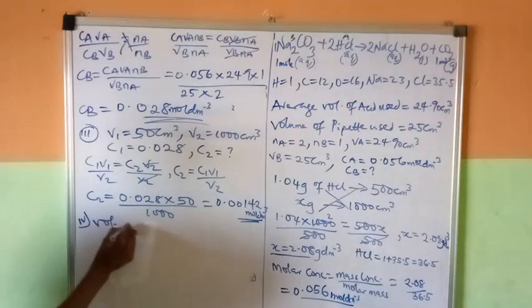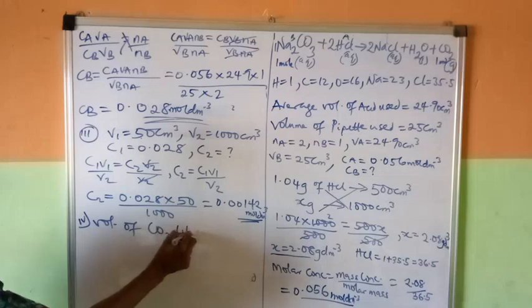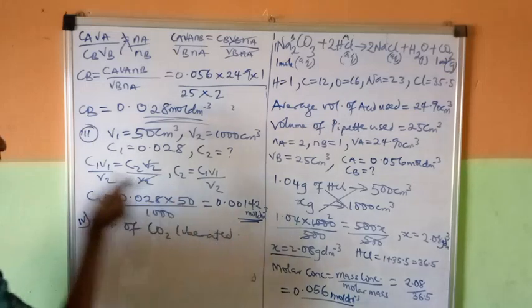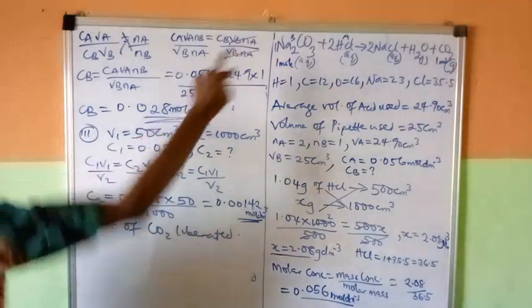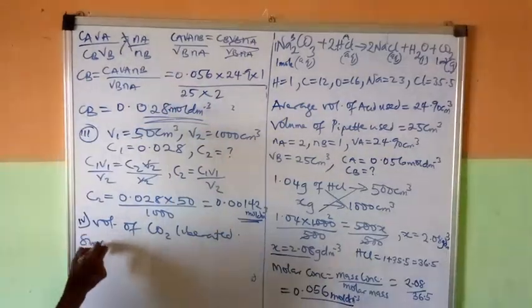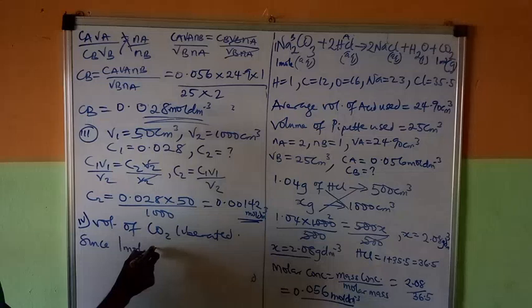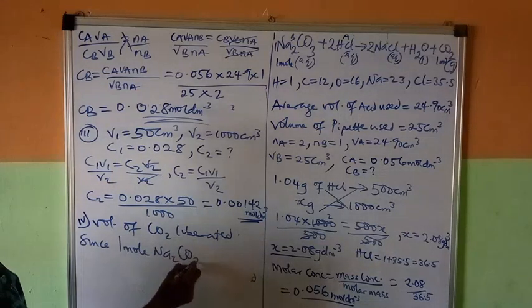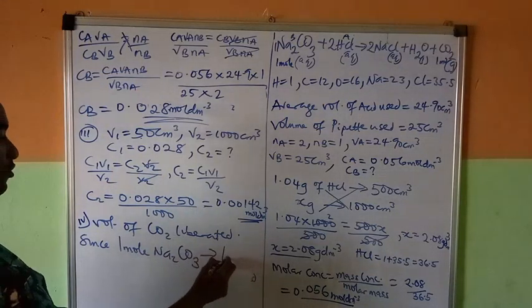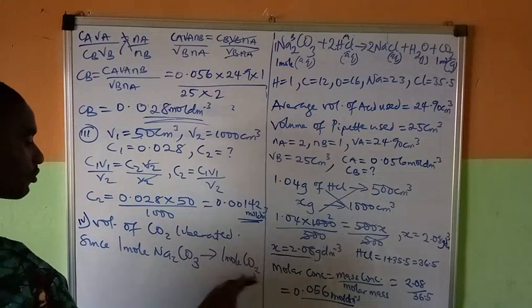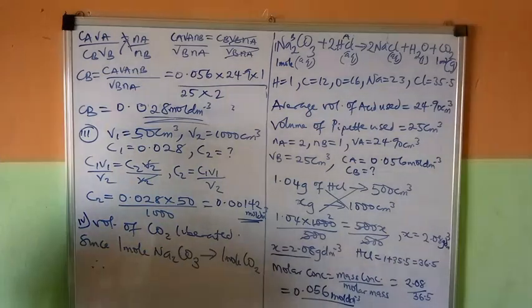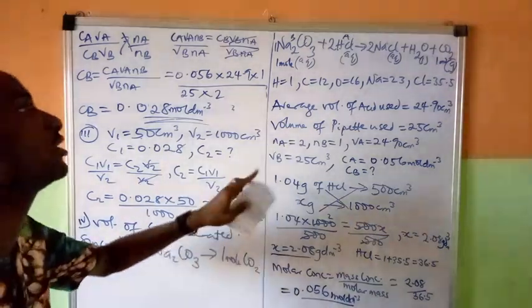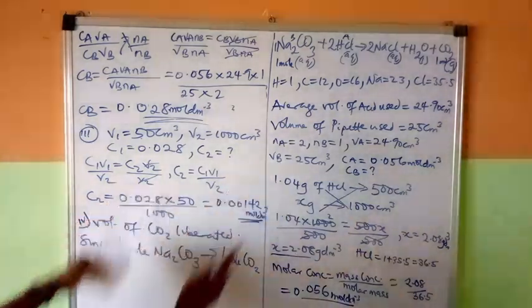So to answer question 4, asking us for the volume of CO2 liberated, you now say since 1 mole of Na2CO3 liberates 1 mole of CO2, how many moles of Na2CO3 did we have in the calculation?